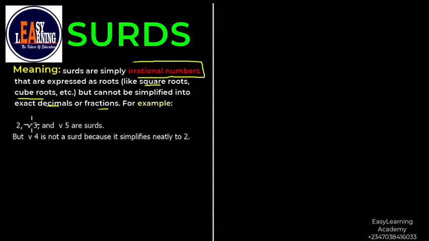This is the square root of 3, and this is the square root of 5. And also this is the square root of 4. So, for example, these are surds. Say, for example, the square root of 2, the square root of 3, the square root of 5, square root of 7, square root of 11, square root of 13, and the rest are surds.